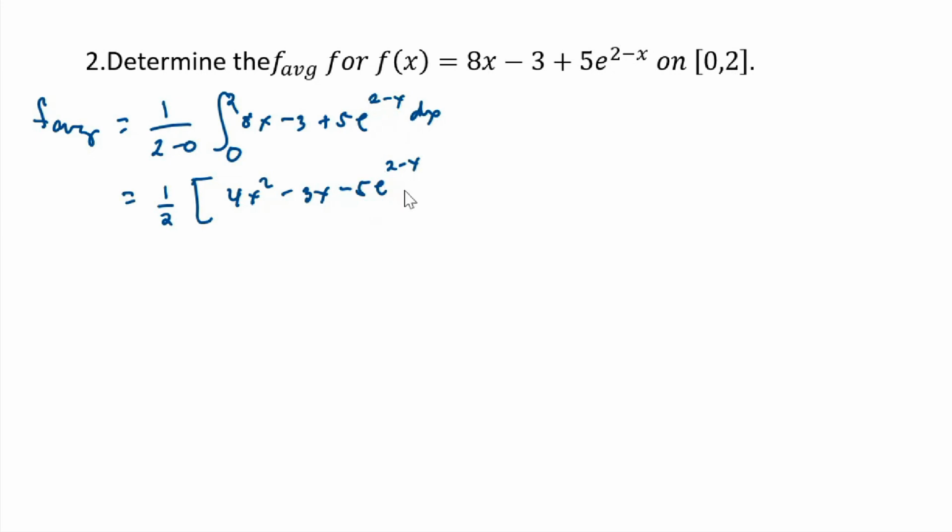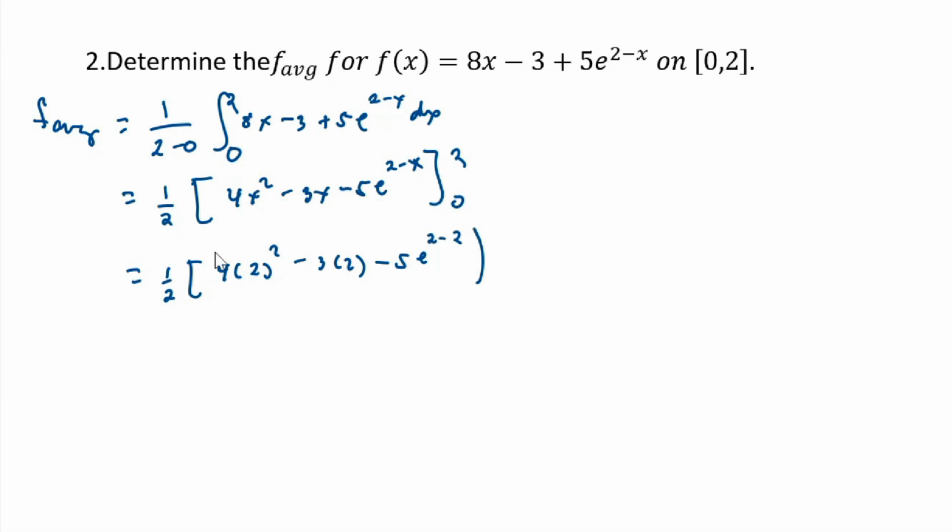So we just follow the formula that I have given to you before. And then this is evaluated from 0 to 2. By the use of the fundamental theorem of calculus, we can substitute. So we have 4 times 2 squared minus 3 times 2 minus 5e raised to 2 minus 2.